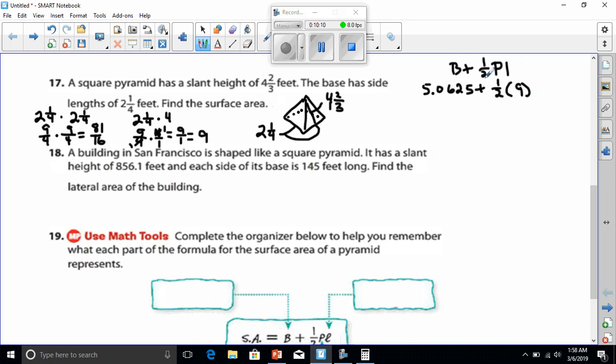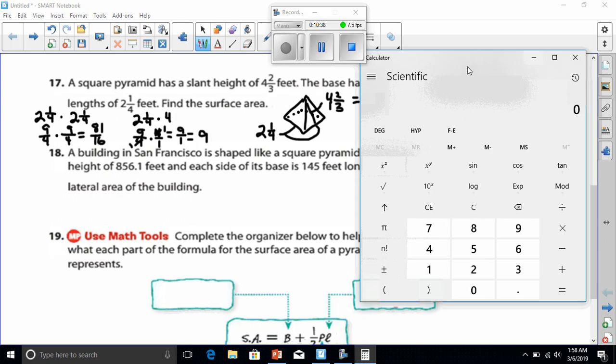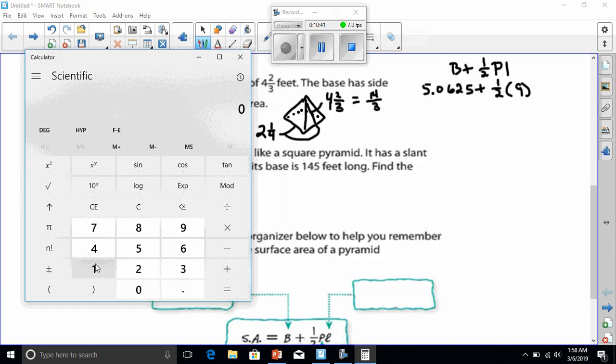Now we have to take the lateral surface, which is 4 2/3. If I was to put 4 2/3 in my calculator, well, 4 times 3 is 12, and 12 plus 2 is 14. So this is really 14 over 3. And if I put that in my calculator, 14 divided by 3 gives me 4.6 repeating.